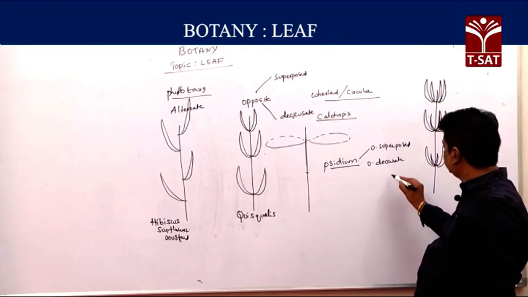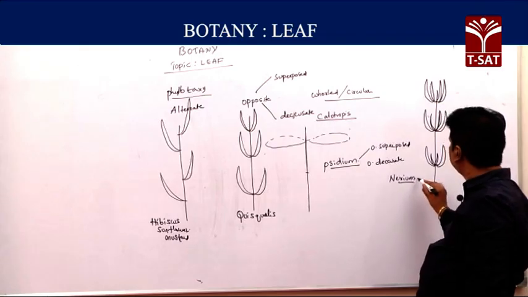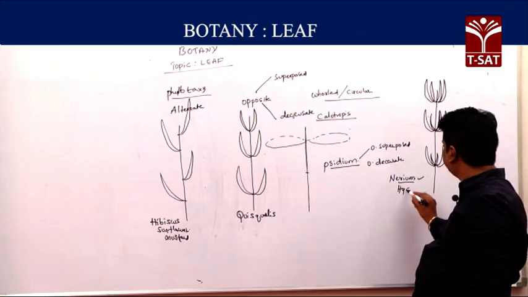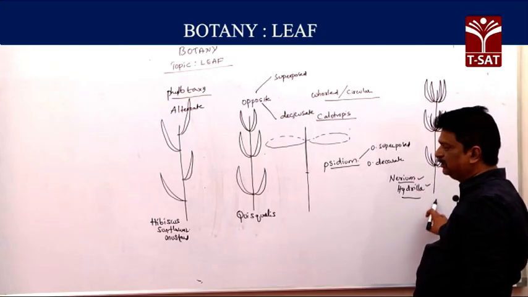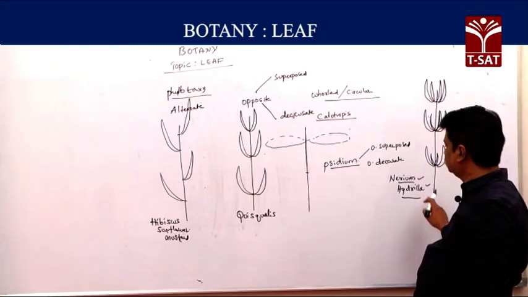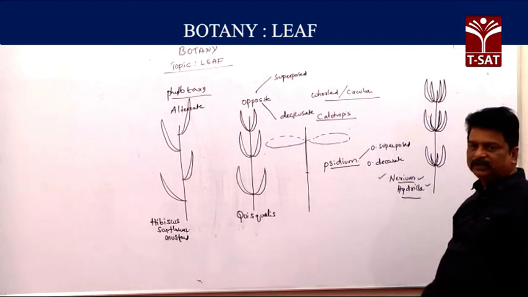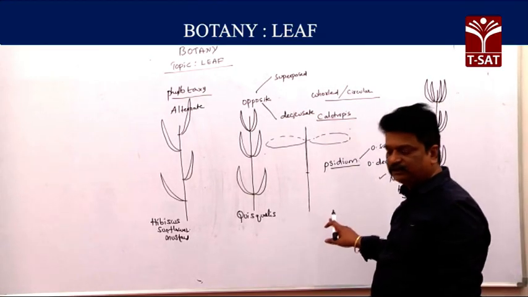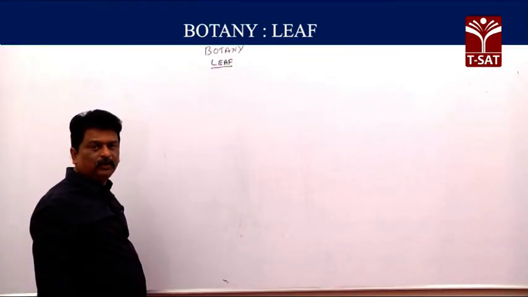Example for circular phyllotaxy, one is Nerium, in Telugu called Ganneru. Second one, Hydrilla. Here a small difference: Nerium is a xerophyte and Hydrilla is a hydrophyte. So the xerophyte with circular phyllotaxy is Nerium, and the hydrophyte with circular phyllotaxy is Hydrilla. Next one, leaf modifications.